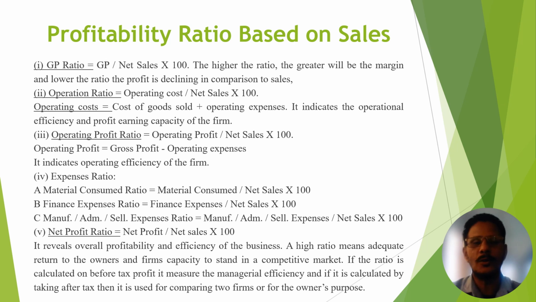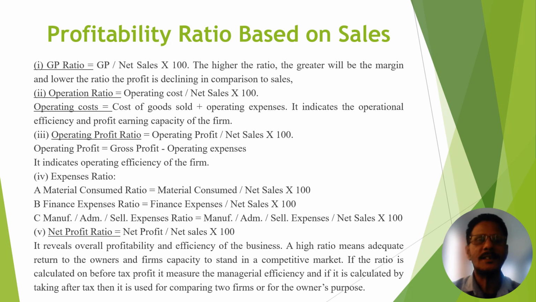Gross profit ratio you can calculate by applying this formula: gross profit divided by net sales multiply 100. Now the higher the ratio, the greater will be the margin, and the lower the ratio, the profit is declining in comparison to sales. It means a higher ratio is good for a business.